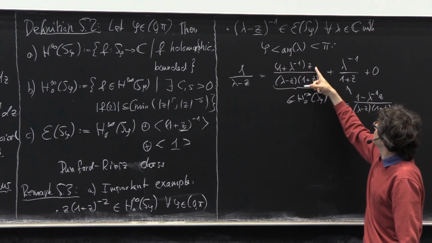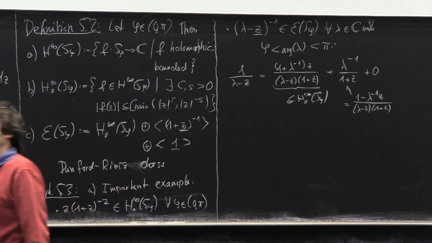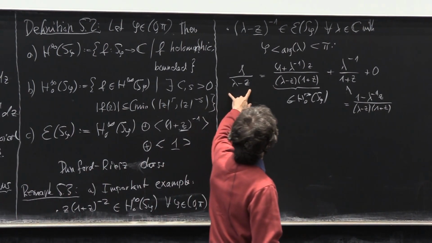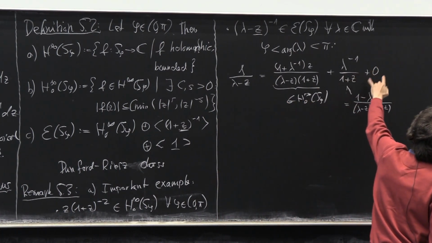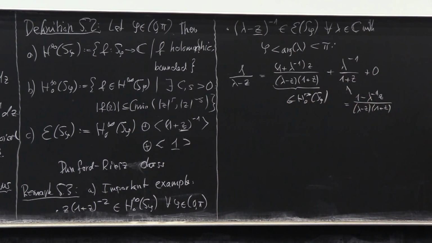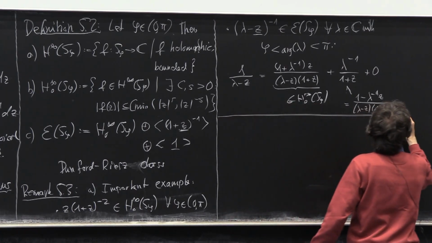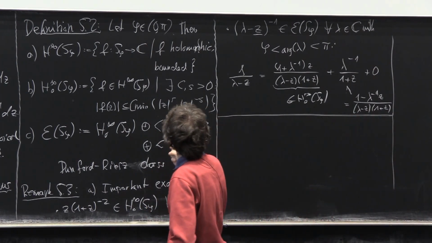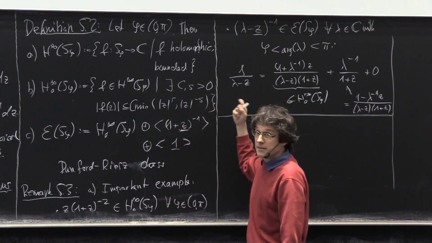And it has a polynomial decay in 0, and it has a polynomial decay in infinity. So what we found is that this function is a sum of an H0 infinity function and a multiple of this particular resolvent and a constant. So it's in the Dunford-Rees class. So somehow it suffices to add this particular resolvent because you get all the others for free.